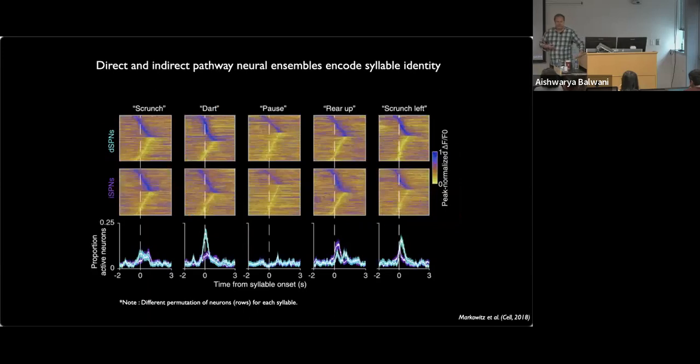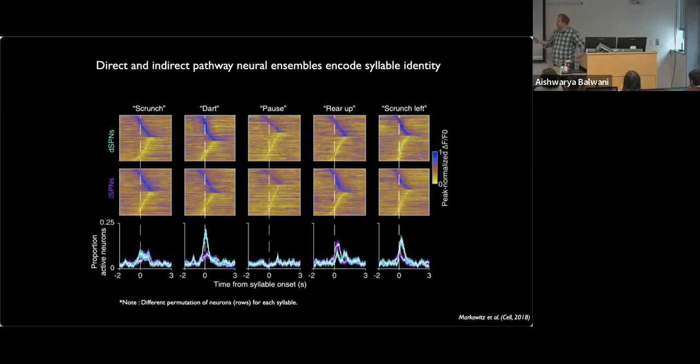When we look at the neural time series that are happening around the onsets of different behavioral states, we find these beautiful sequences of activity in both the direct pathway and the indirect pathway through the striatum. And we find different sequences of activity for every different syllable that we find.